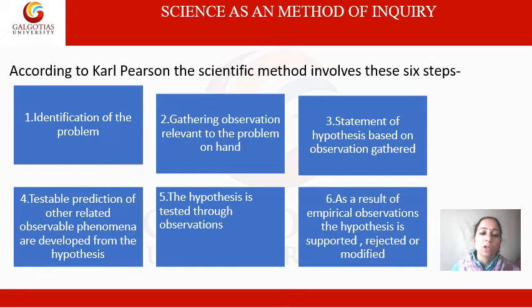According to him, the first and foremost thing in the scientific method, or in doing anything in a scientific way, is the identification of a problem. We have to identify a problem first of all. Then, on the basis of this particular problem, we will start gathering data and observations relevant to that problem.